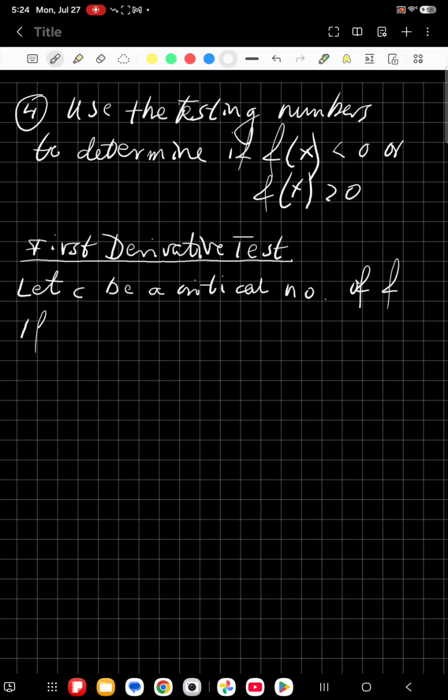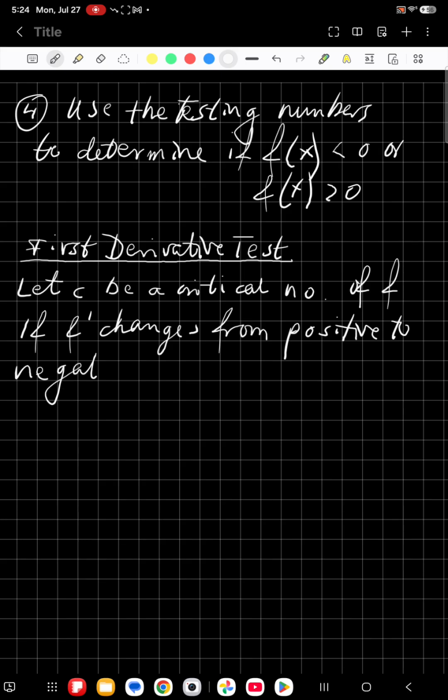And now, if f prime changes from positive to negative at c, then that point is, well, what is it?